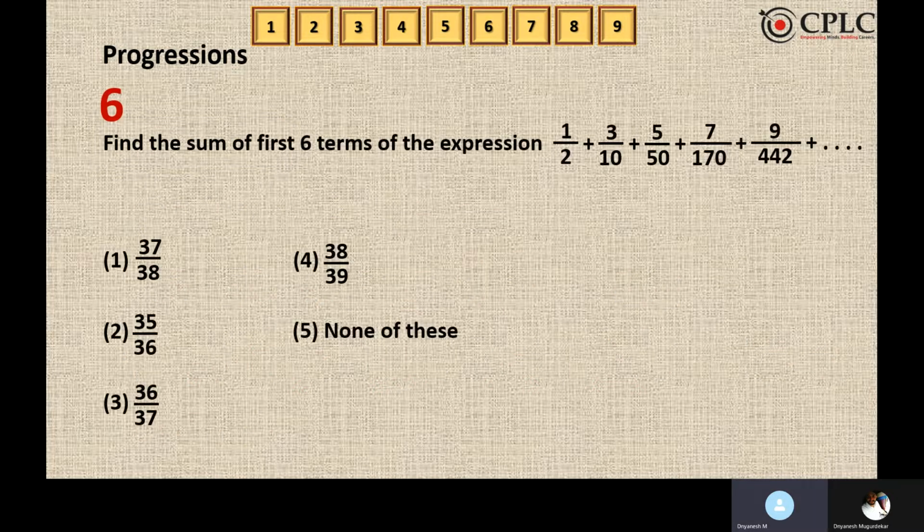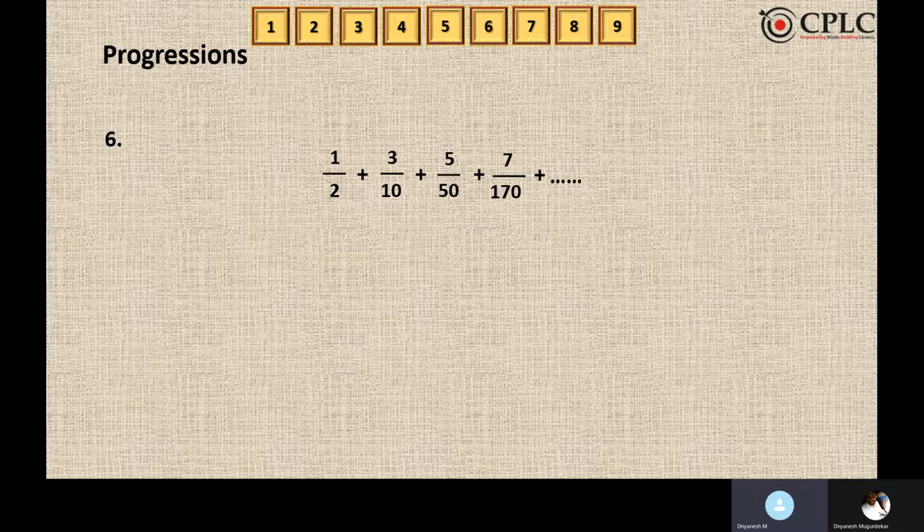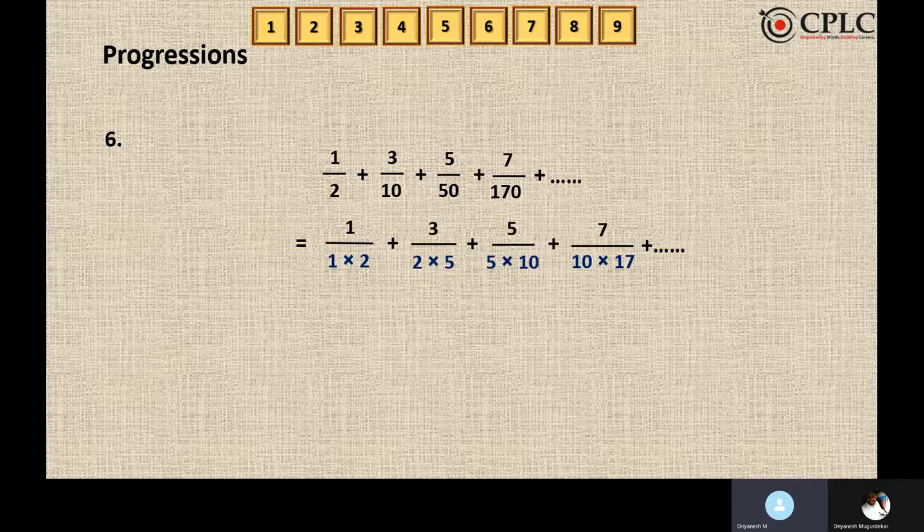Sixth one, similar story. Find the sum of first 6 terms of an expansion. So again, the similar adjustment in the denominator. 2 can be written as 1 into 2. 10 can be written as 2 into 5. 50 can be written as 5 into 10. 170 can be written as 10 into 17, and so on.